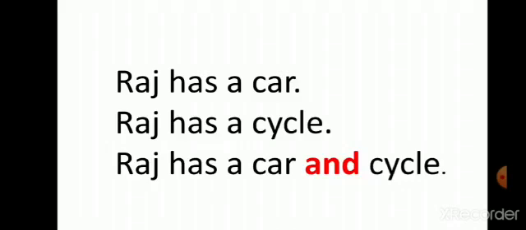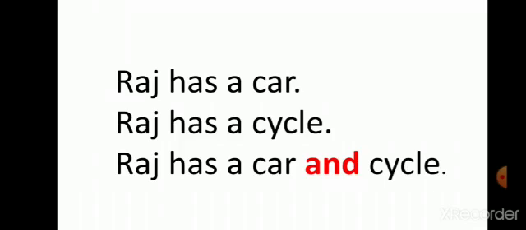Raj has a car and a bicycle. Now here, "Raj has a" is the part common to both sentences. So the first sentence we pick up as it is, Raj has a car.